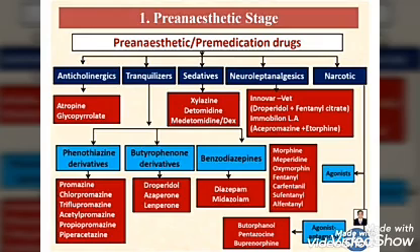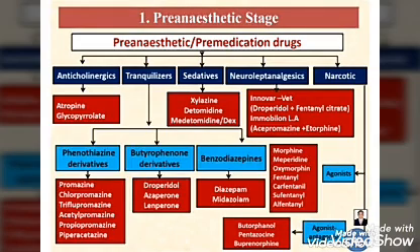All these factors are very helpful for the selection of pre-anesthetic drugs. So consider all these points when you select the pre-anesthetic drug. Before the administration of this drug, pre-anesthetic evaluation is very important, which we will discuss in the next slide.